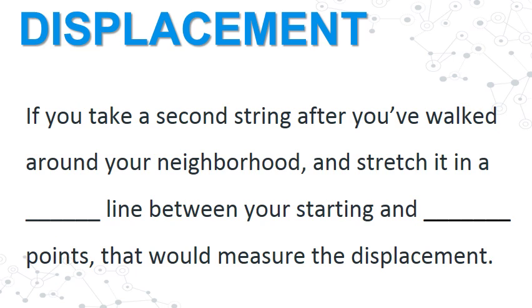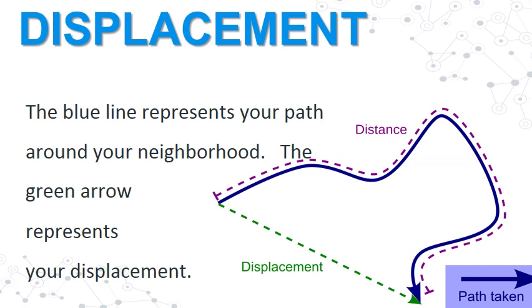If you take a second string after you've walked around your neighborhood, go back to that analogy, and you stretch it in a straight line between your starting point and your stopping point, that distance would measure your actual displacement rather than your distance. So here's an example. The blue line represents your path around the neighborhood.